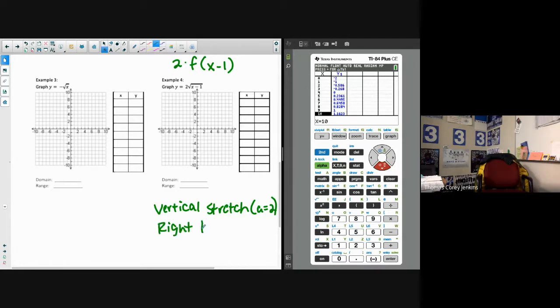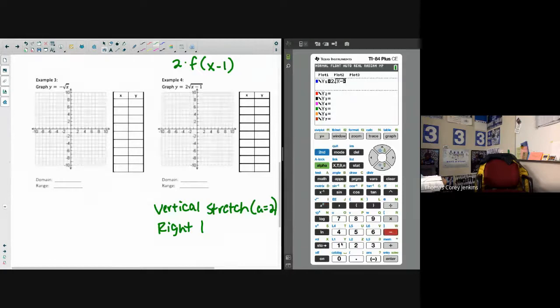All right, so let's see it in our calculator now. I'm going to do 2 square roots of the quantity x minus 1. I'm going to look at the graph, see that it does appear to be stretched, and moved to the right 1. Okay, to get my specifics, I'll go to second graph to look at the table.